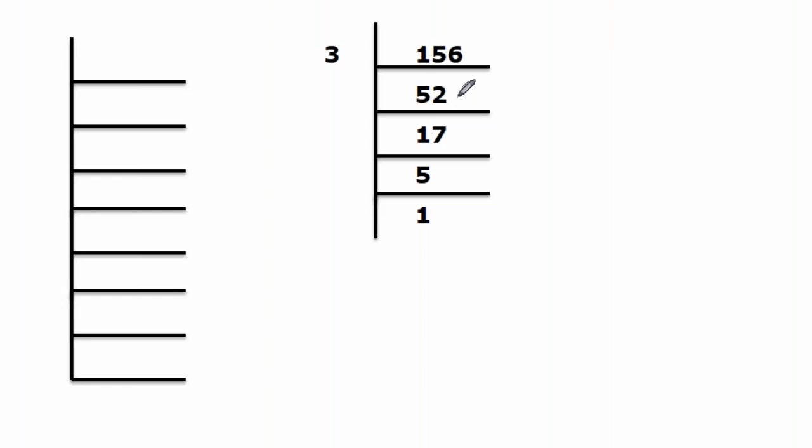Ignore that remainder. 3 1s are 3, again 2 is the remainder. Ignore that remainder. So add all the quotients from bottom to the top: 1 plus 5, 6, plus 17, 23. 23 plus 52, 75.